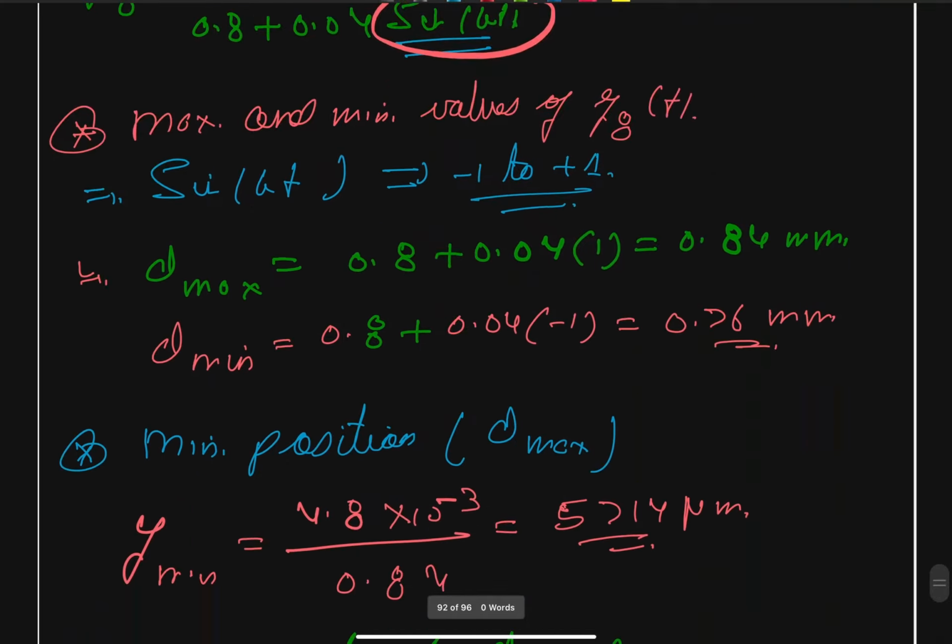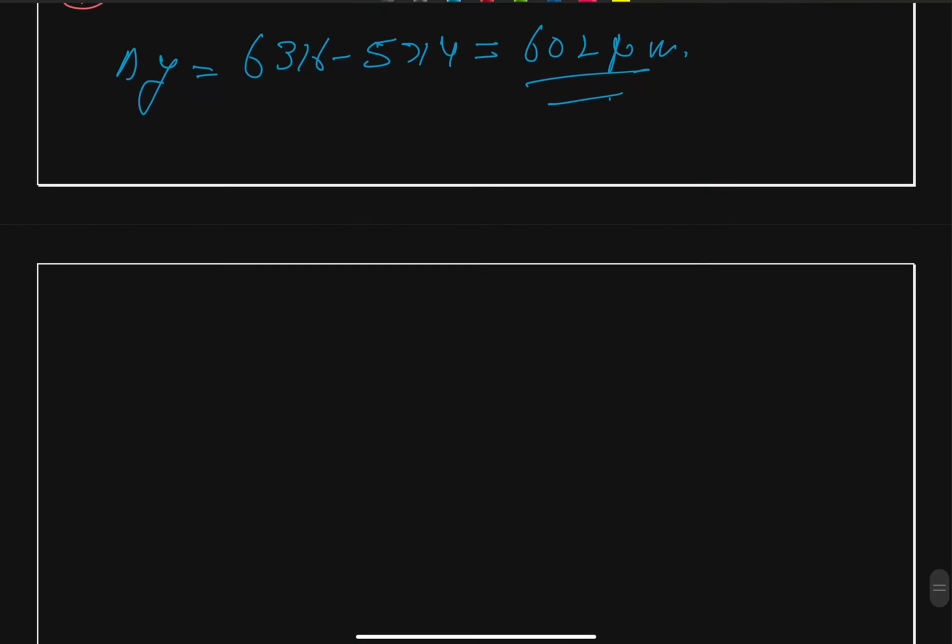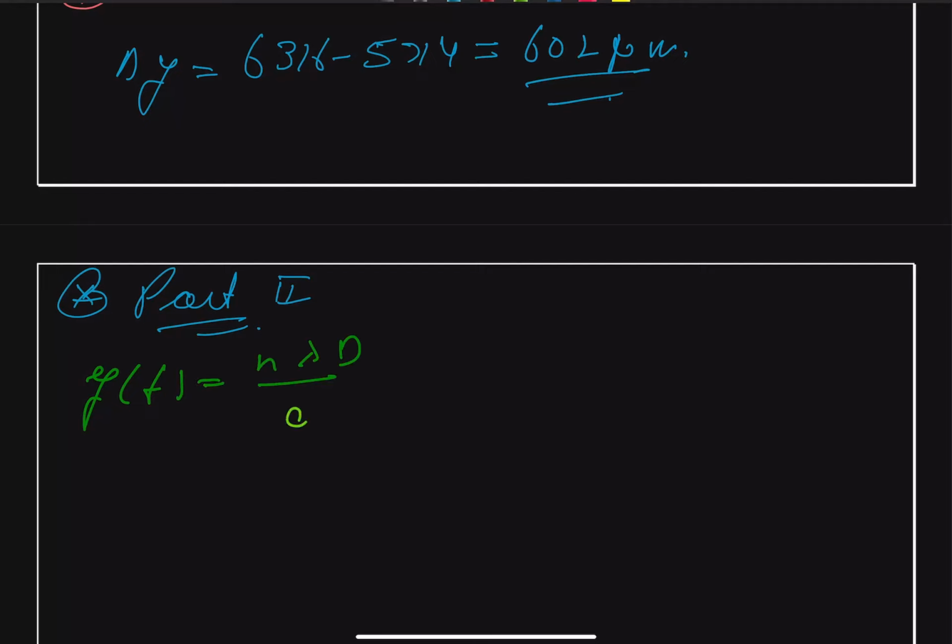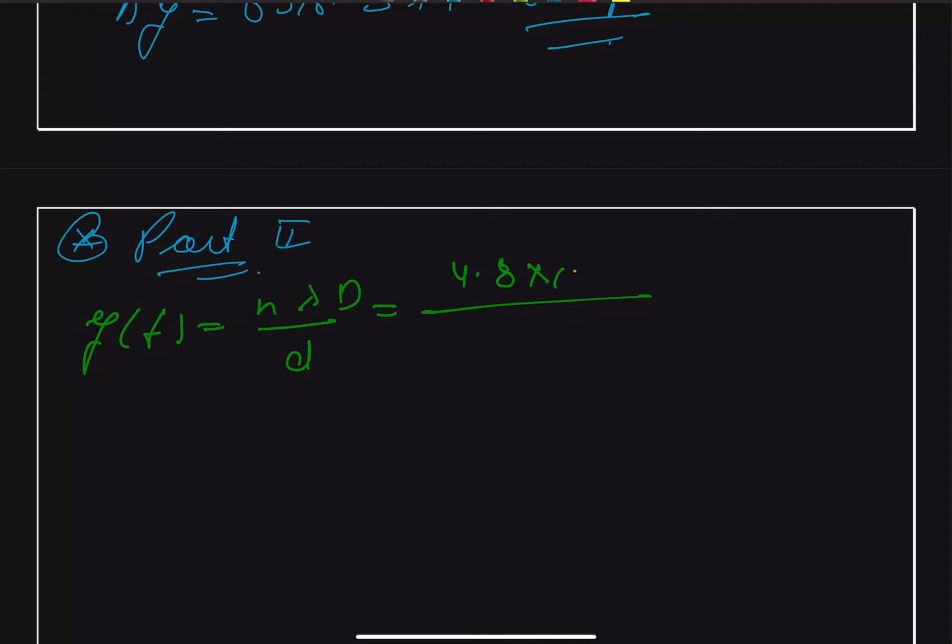Now we come to the second part, where we are required to find out the speed. We already know the expression for y of t. We know that y of t is equal to n lambda capital D divided by small d, and this comes as 4.8 into 10 to the power minus 6 divided by 0.8 plus 0.04 sine of omega t.